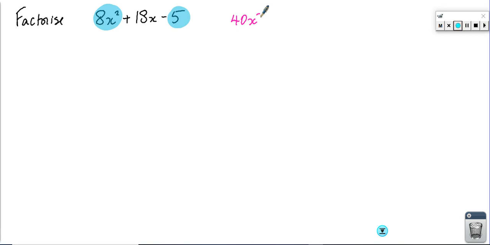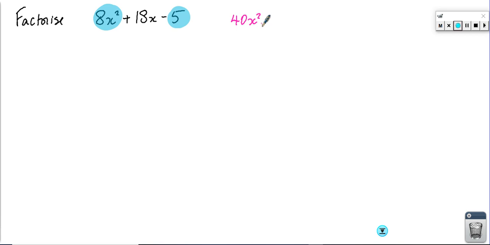So let's see another example. Factorize 8x squared plus 18x minus 5. I'm going to use those steps again. I'll start by multiplying the term in x squared by the constant. That gives me 40x squared.